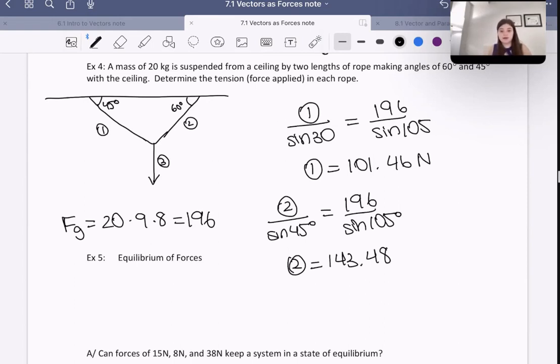We already found that this one is going to be 196 newtons by realizing that 20 is our mass and our acceleration due to gravity is 9.8 meters per second squared. And there we have it. So all this took was a drawing and a couple times using sine law. So again, if you're unfamiliar with sine law, make sure you go explore that, and you'll be good to go.